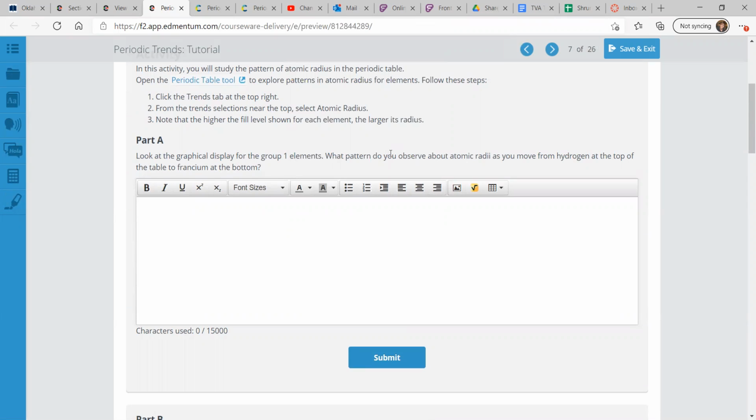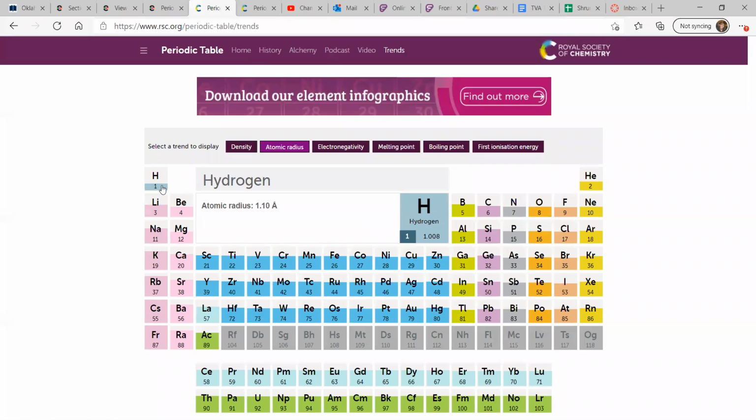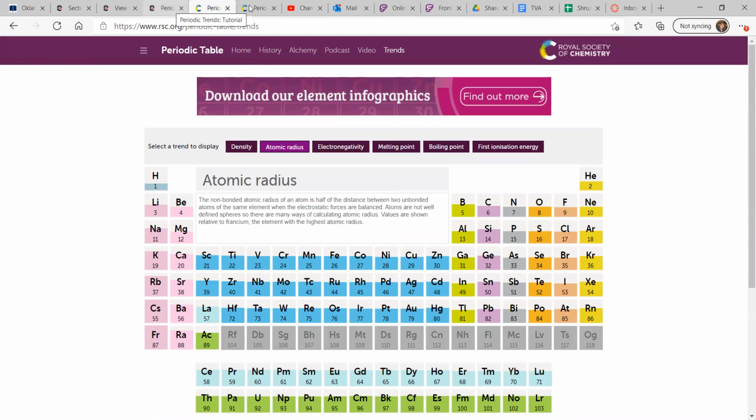As you move from hydrogen at the top of the table to francium at the bottom, what happens? Do you see a pattern? So we have 1.1, 1.82, 2.27, 2.75, 3.03, 3.43, 3.48.